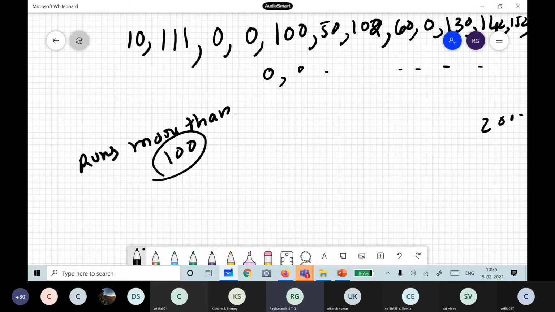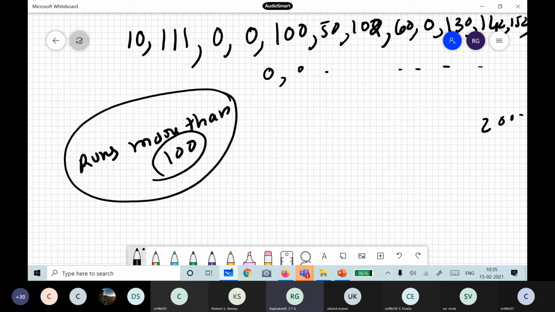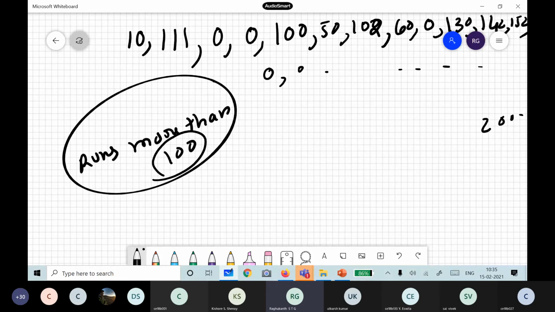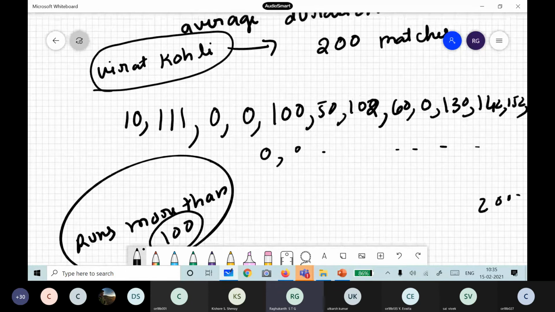So we want to find Virat Kohli's return period for hitting a century. What to do is this calculation. In which match did he hit his first century, the first or the second? Second. Now from this to the next century, how many matches did he take? 3. So his first century came in the second match, and the next century he hit in the third match.